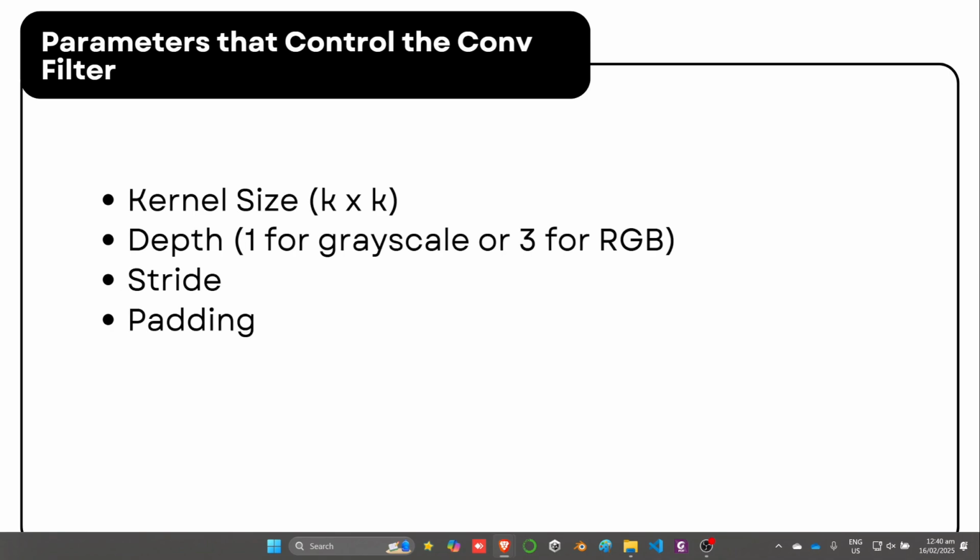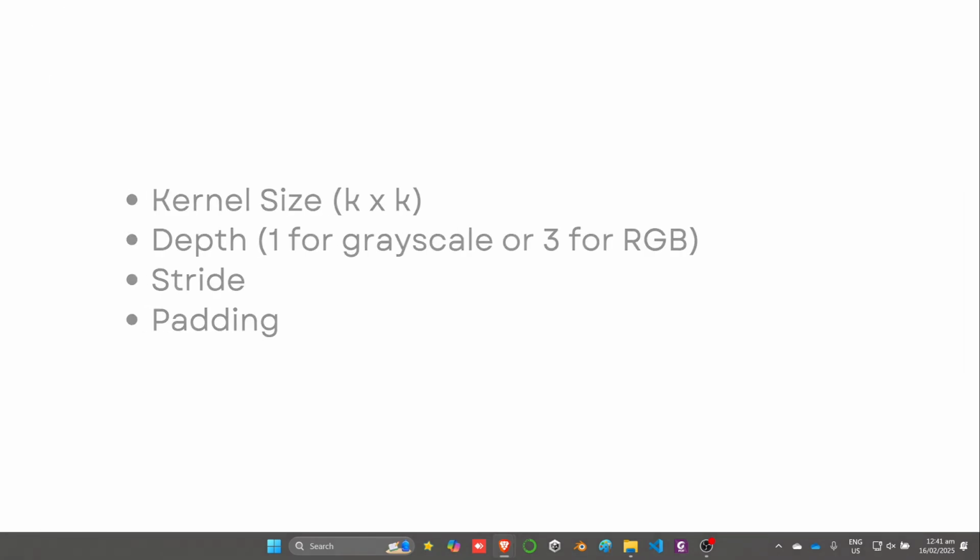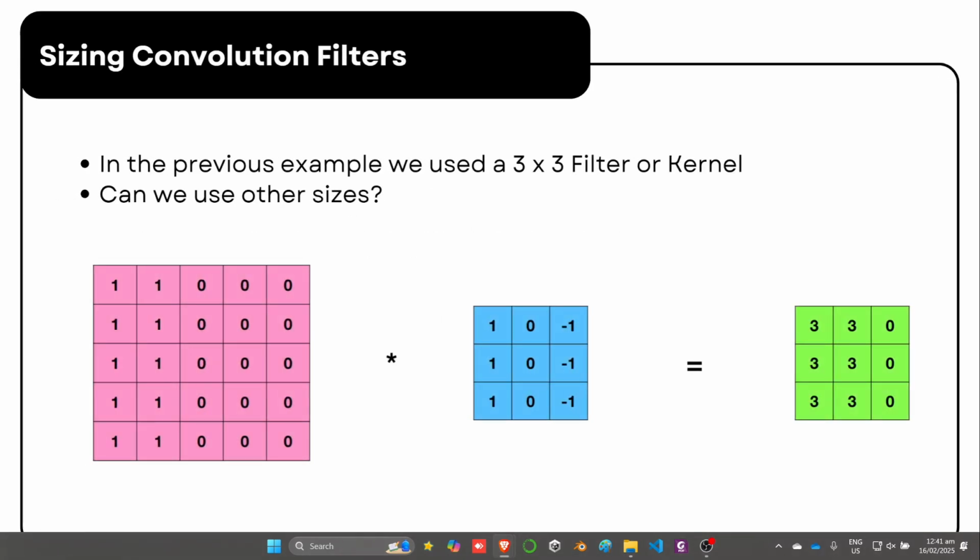Some parameters that control the convolutional filter, as I mentioned, are kernel size and depth. Depth meaning 1 for grayscale and 3 for RGB, which you've seen previously. There are also stride and padding, which we'll do in the following slides. So let's take a look at this.